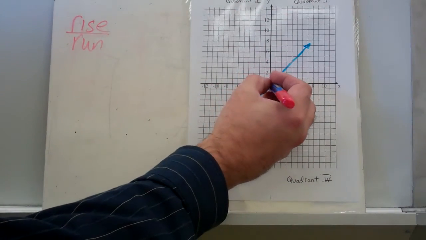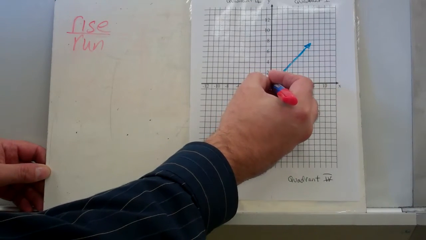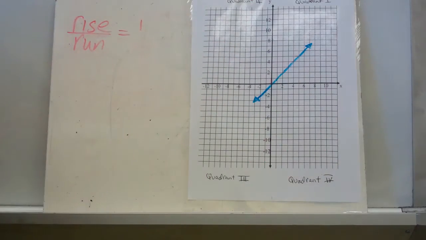So I'm going to start here at 0, 0, and I'm going to move up 1. And so in this case, I'm going to rise, and rise can be up or down. In this case, I have a positive slope, so it's going to be up.